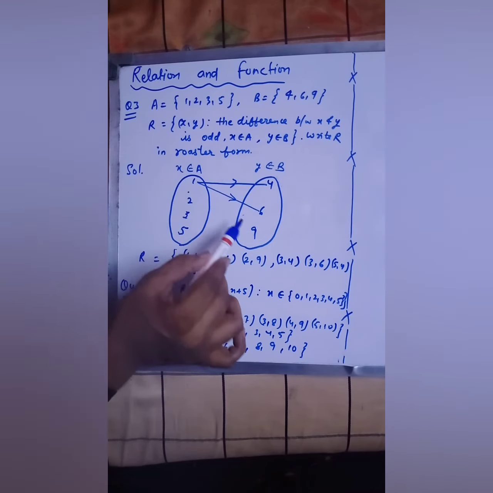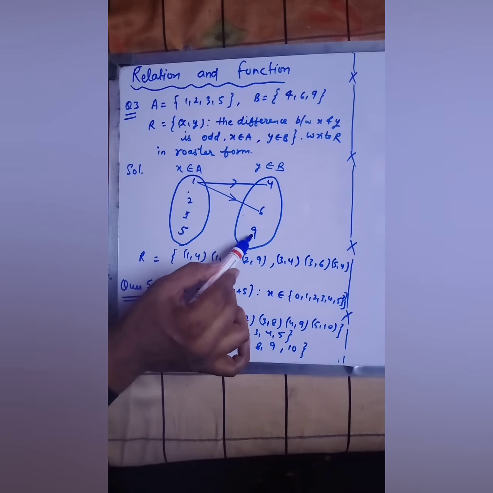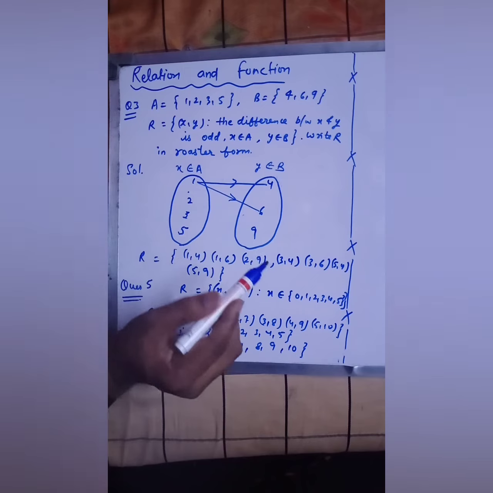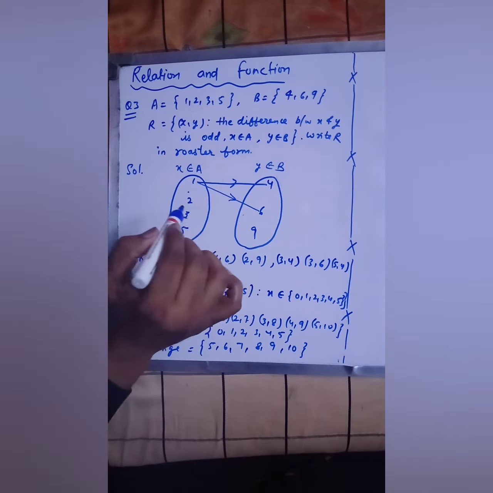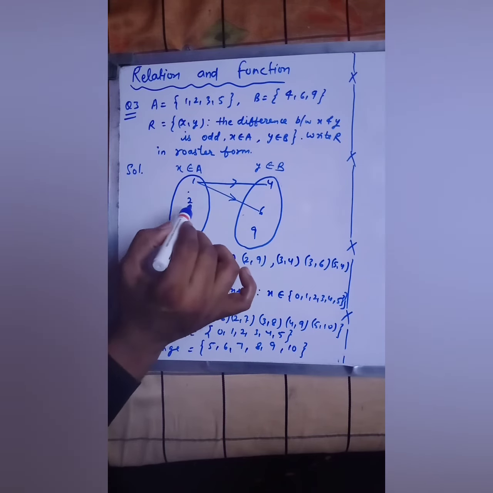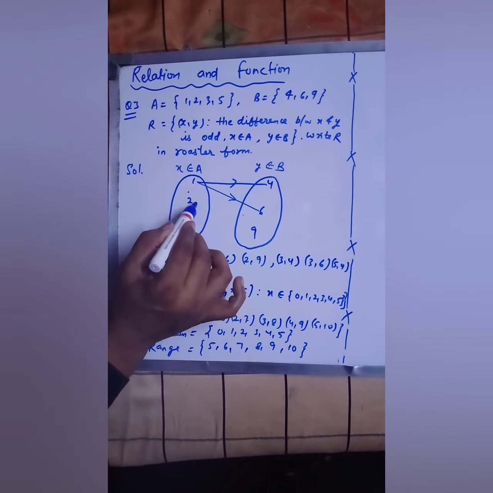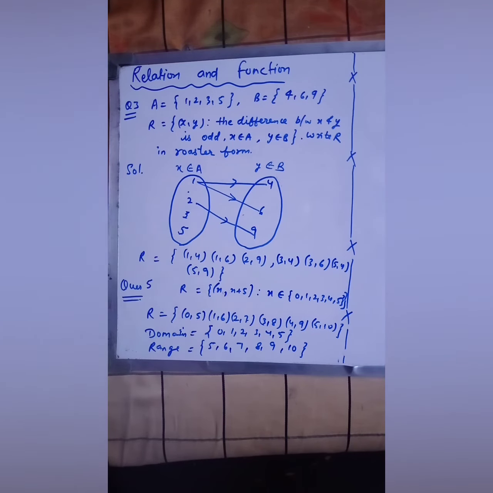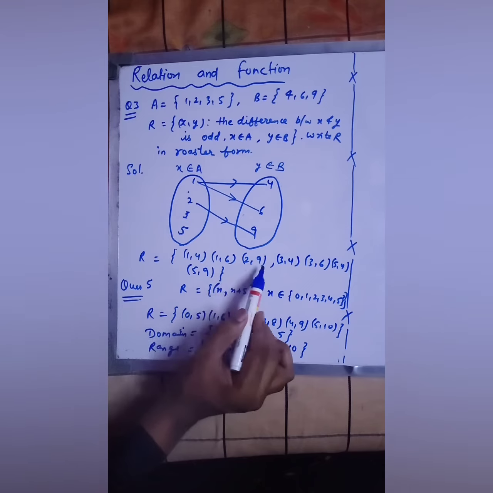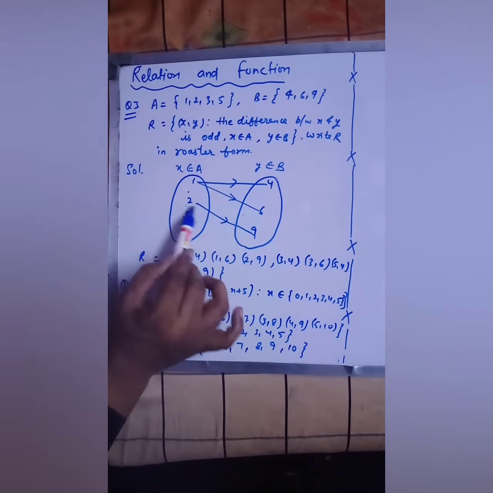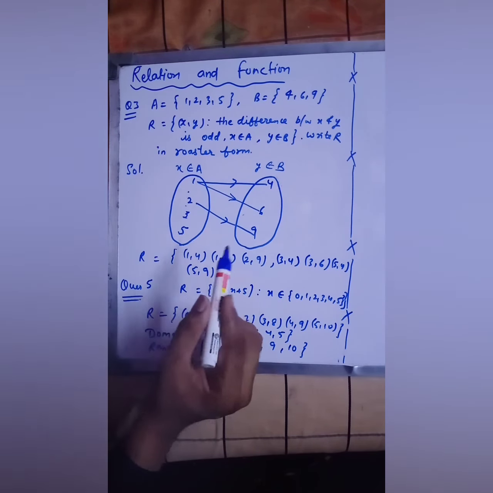Now if you take 1 and 9, the difference will be even, so we will not take it. In the second relation, 2 comma 4 we cannot take, 2 comma 6 we cannot take, 2 with 9 you can take. So (1, 4), (1, 6), (2, 9). Here I am showing the relation.